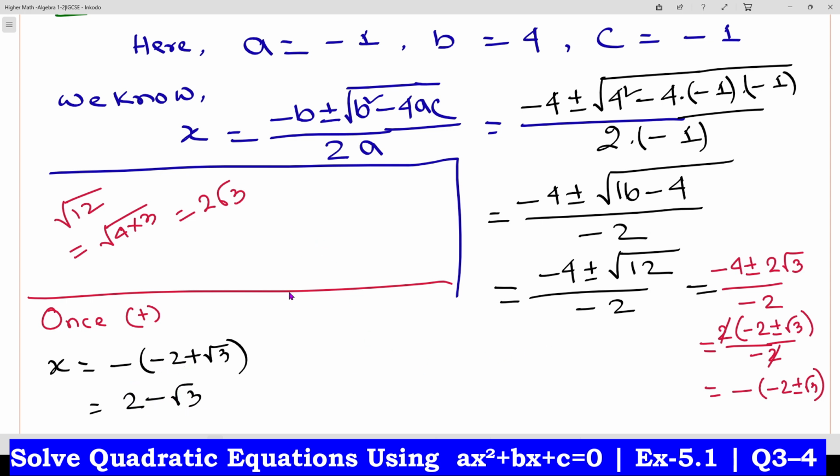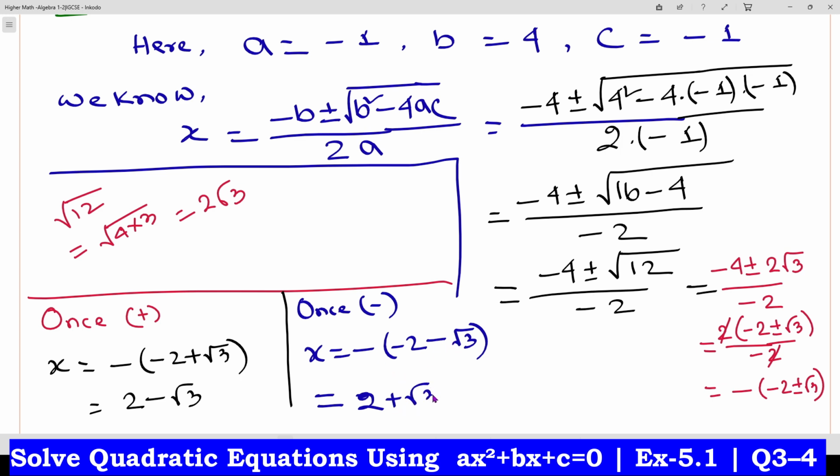Okay, so that is one part. Another part, if minus, then x equals minus, then minus 2 and minus root 3. So finally minus and minus 2 gives 2, and minus and minus gives plus root 3.